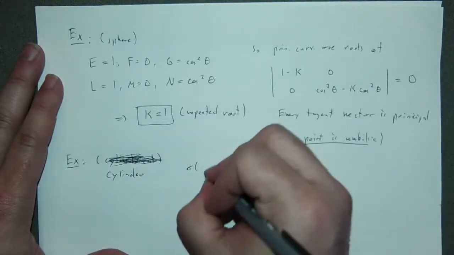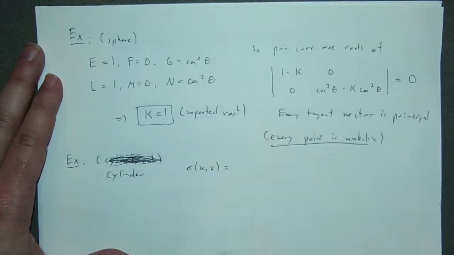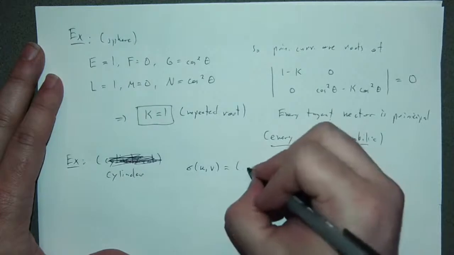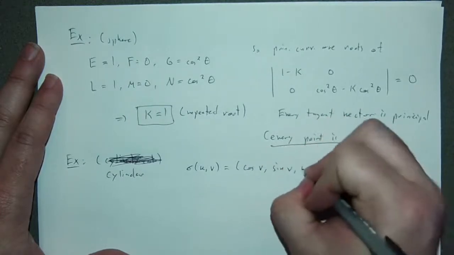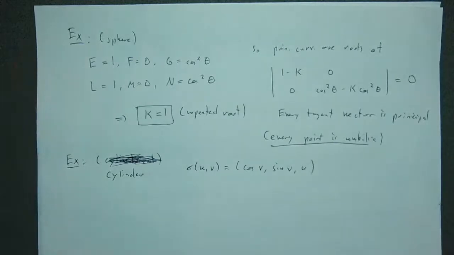So let's have the surface patch sigma of u, v equal to (cosine v, sine v, u).